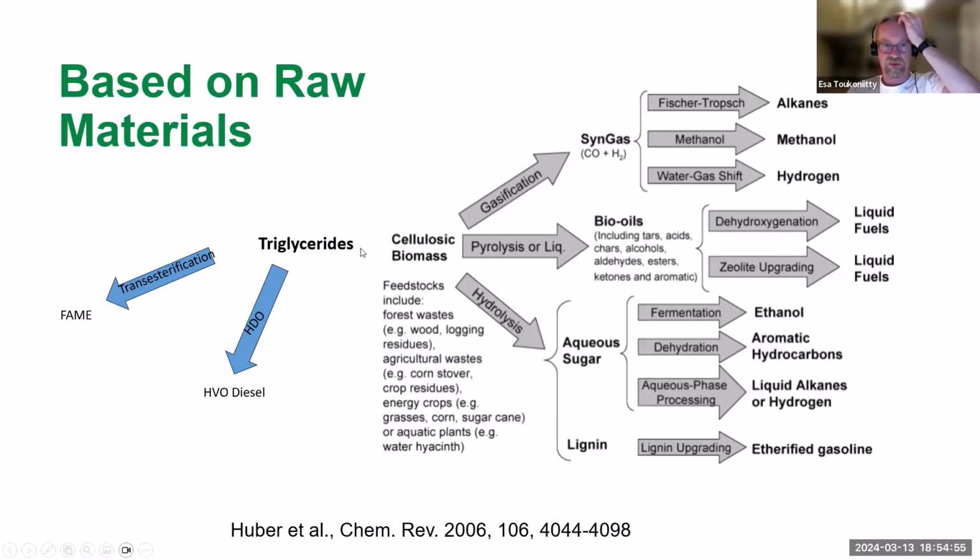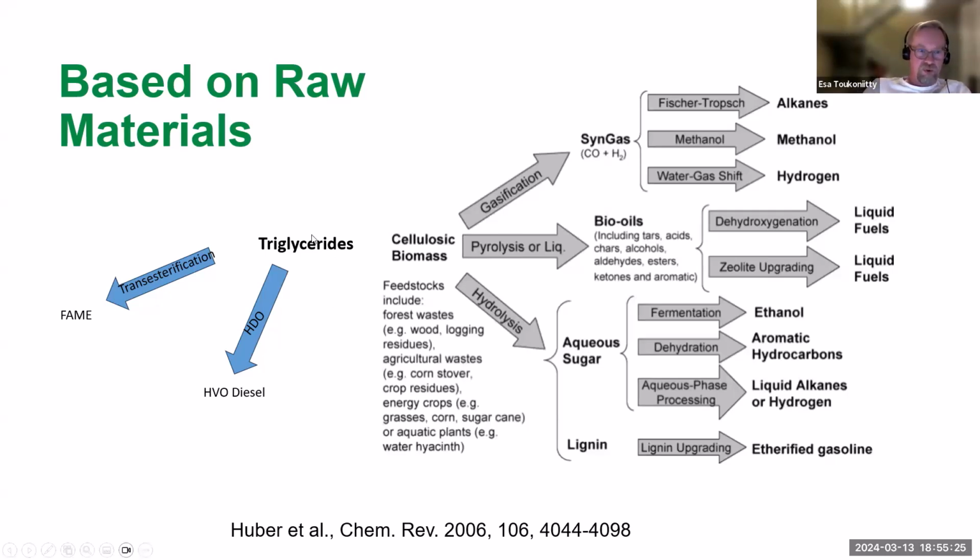I also wanted to include here another type of raw material which is not covered by these processes or these reactions, triglycerides. Those were these fats and oils which have the same triglyceride structure. So natural oils, natural fats coming from animals, coming from vegetables, plants.